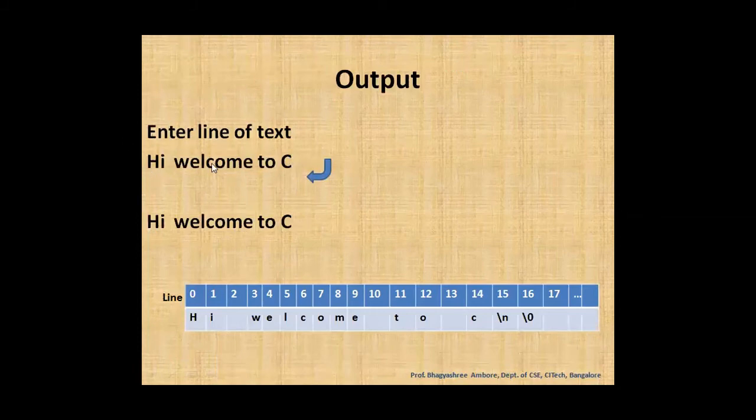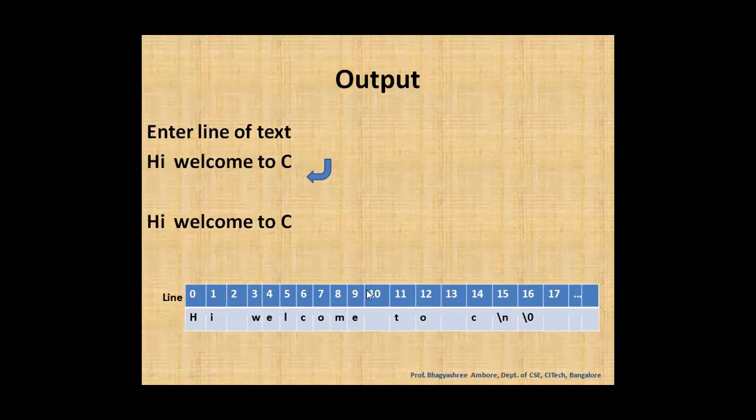Hi, welcome to C. First time it reads H, it places it in line of 0, and it checks whether we have reached a new line character. No. Then again it reads this, it places it in line of 1, increments i and checks the condition. Again it gets a new character, that is space.